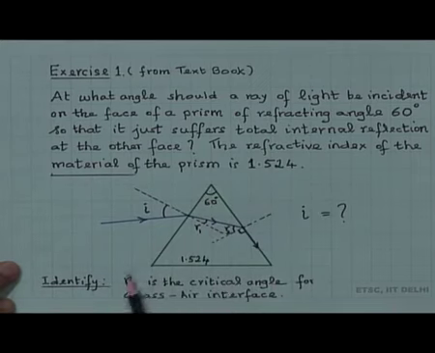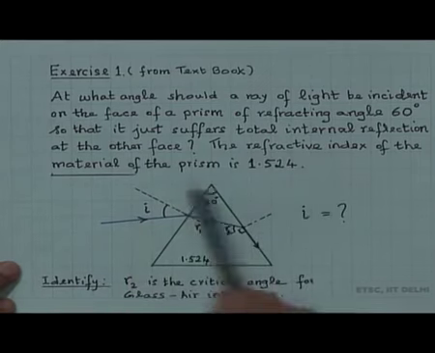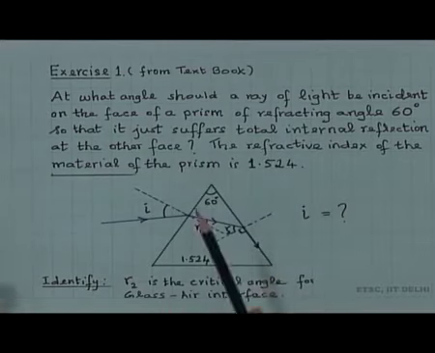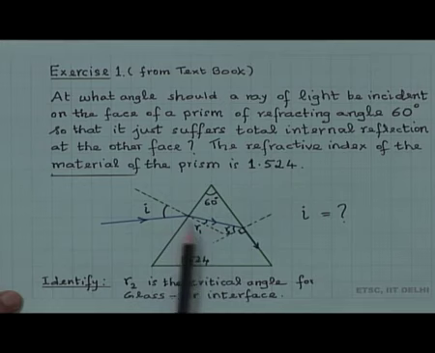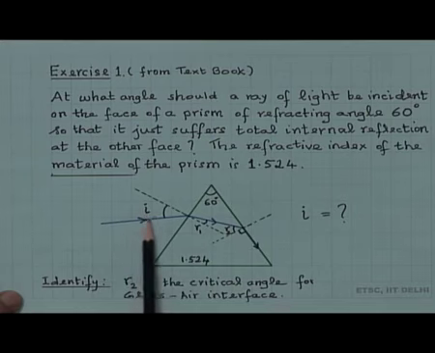So, I have drawn the figure here and tried to explain this so that we can comprehend the problem. A ray of light is entering from here at a certain angle i, it gets refracted into the prism, and the question is what is this i.